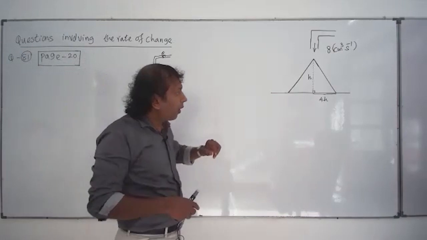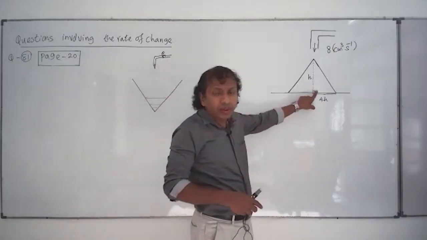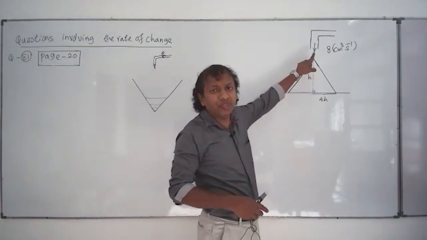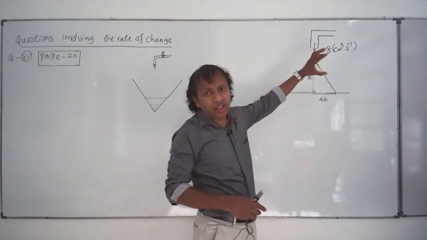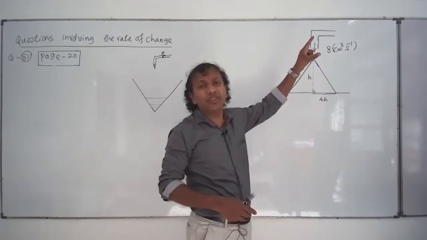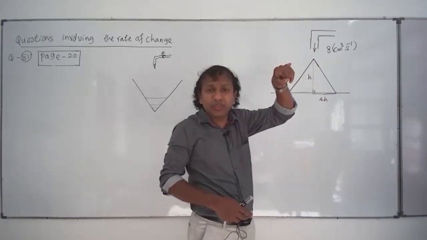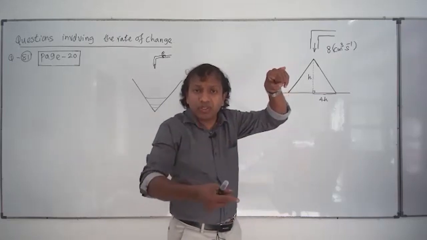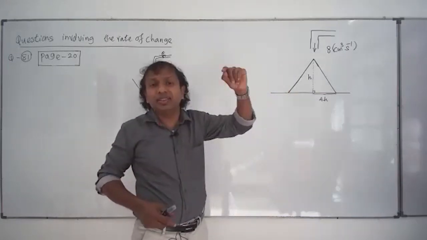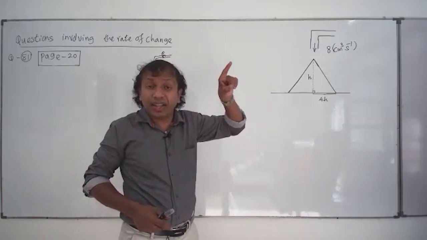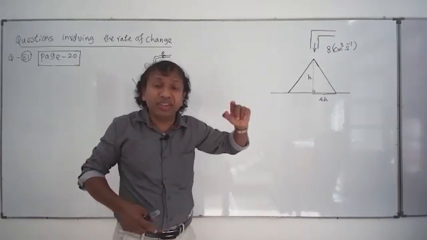Like that, here also, the height of the sand cone is always increasing with time because sand is always coming. Once the height comes to 6 centimeters, even at that moment the height increases. We are asking, at that moment, at what rate does the height increase?